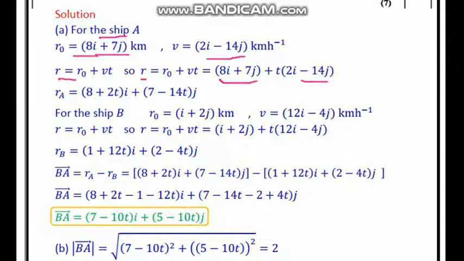Then we combine like terms to get the form i and j. So 8i plus 2ti will be (8 plus 2t)i, and 7j plus t multiplied by negative 14j equals (7 minus 14t)j. So this is the position vector of ship A at any time.